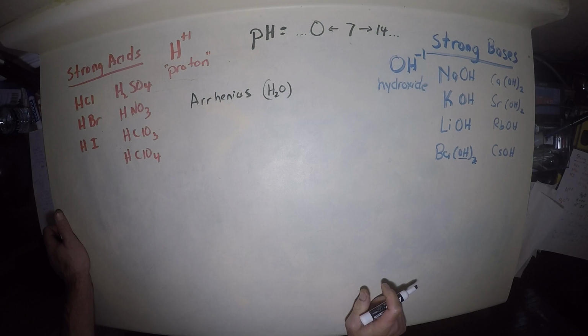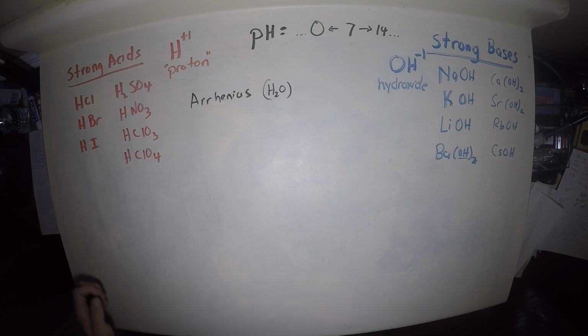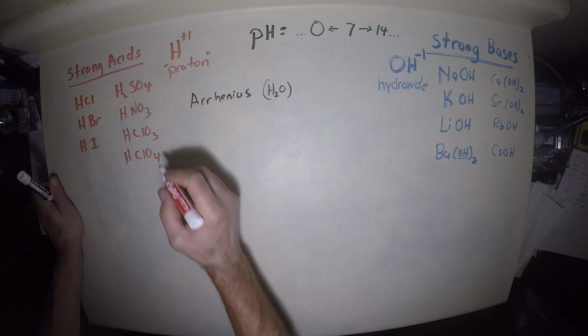His definition only applies to aqueous or water-based solutions, and what Arrhenius says is acids in water will form hydronium, and bases in water will form hydroxide. And one confusing thing is, what is hydronium?